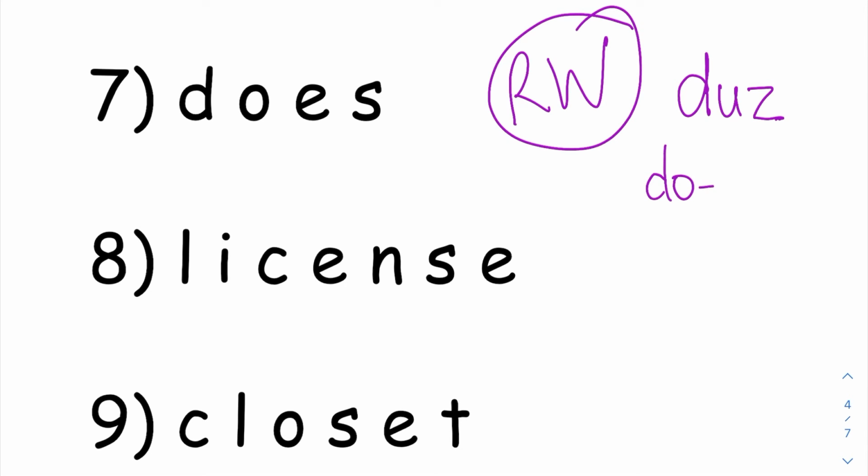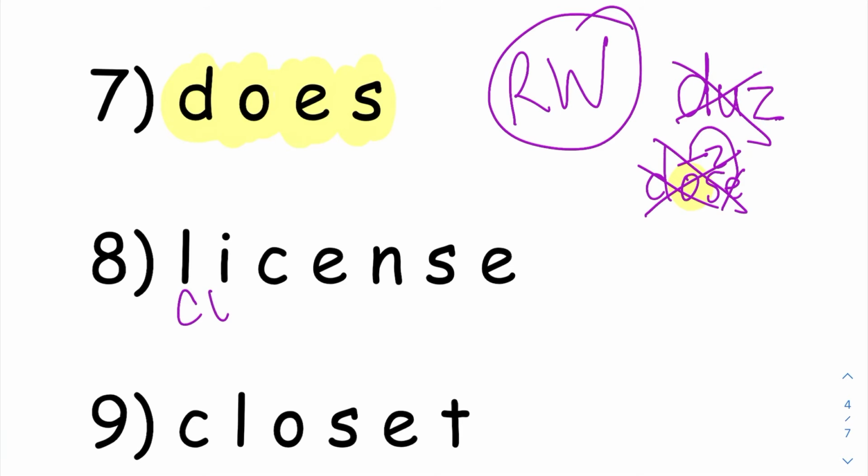I see it misspelled like this quite often, which would make sense because it's in between two vowels, but then it's my long O sound, doze. So neither one of these is correct. Our red word is D-O-E-S. Our word is does. Good.